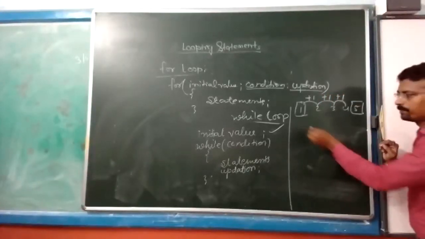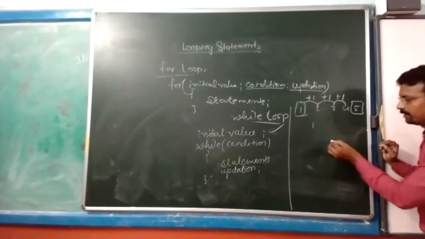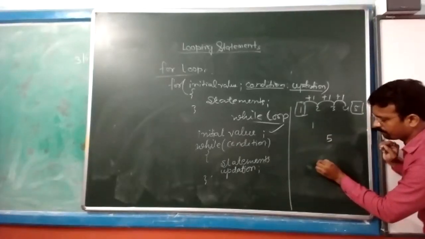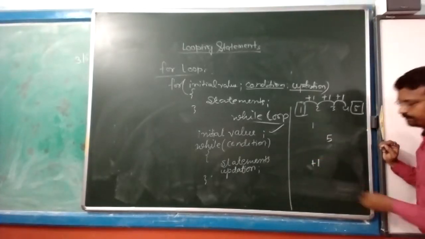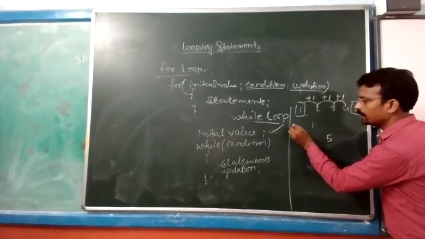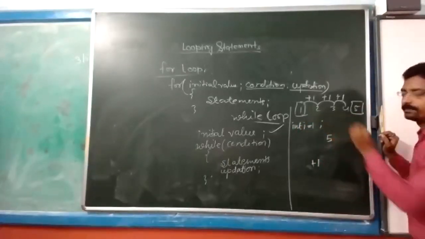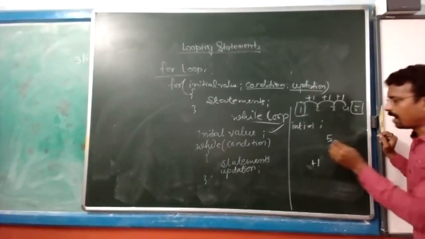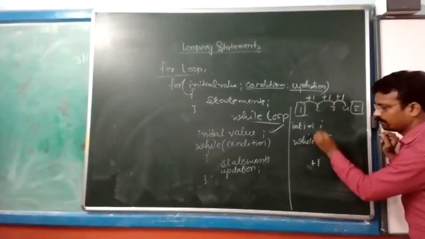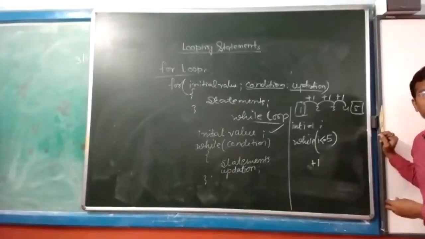Now what will you do? You will write this way: initial value 1, then 5, then plus 1. What does it mean? It means int i = 1. Initial is done. After that, while i is less than or equal to 5, condition is done.